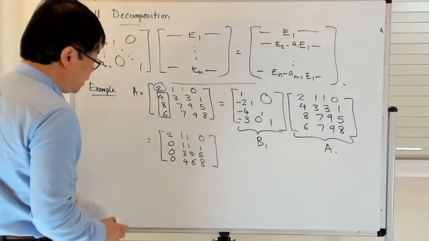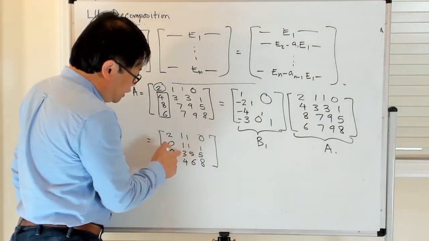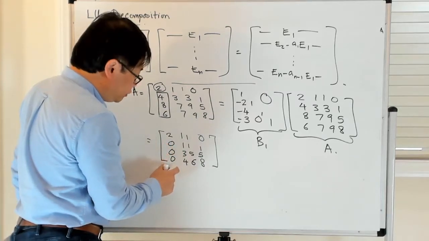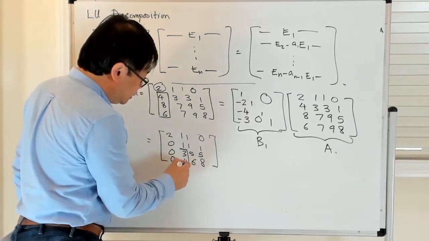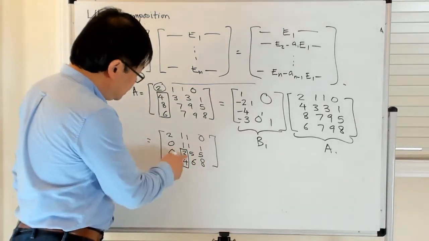Okay, and then now, as before, we want to take an appropriate multiple of the second row and add it to the third and fourth rows, so as to zero out the second column under the diagonal.